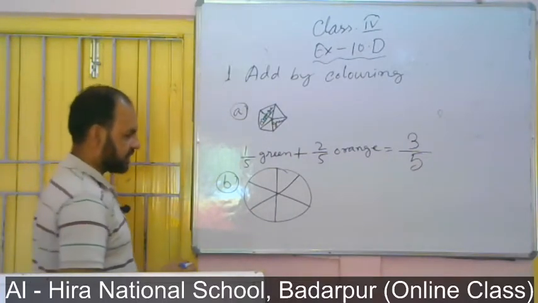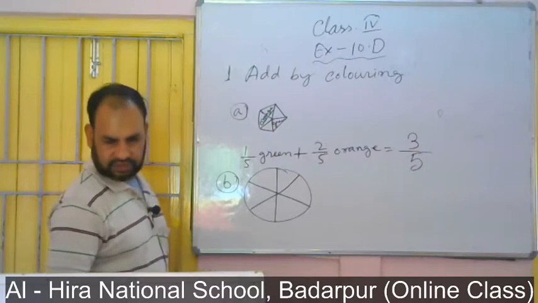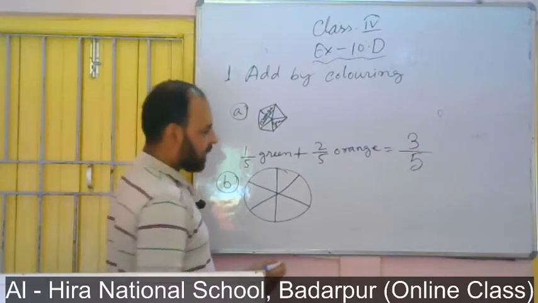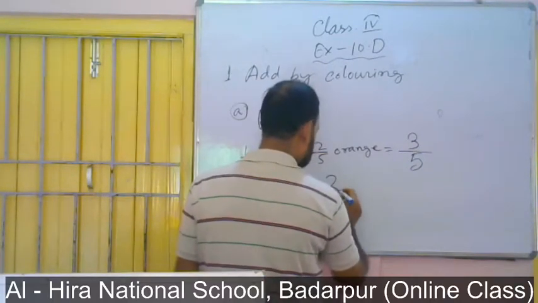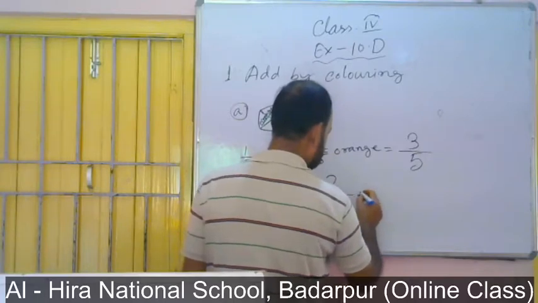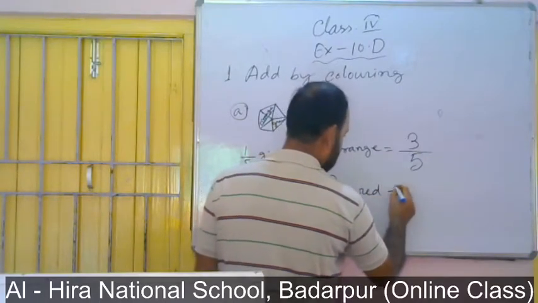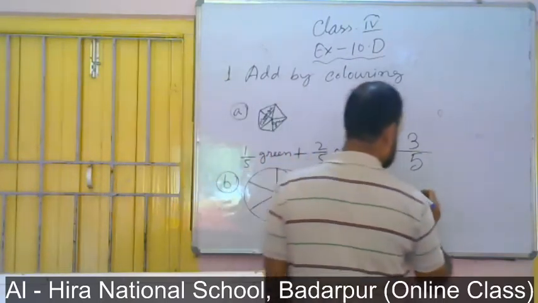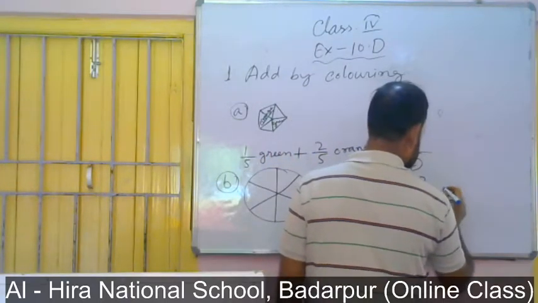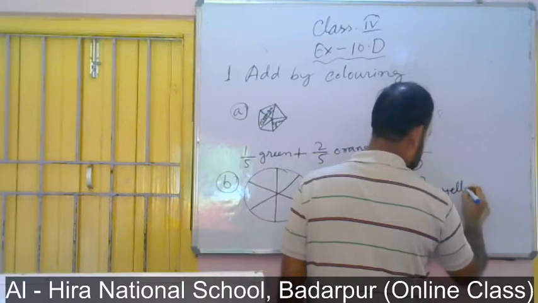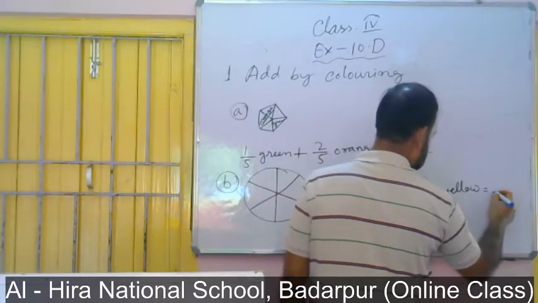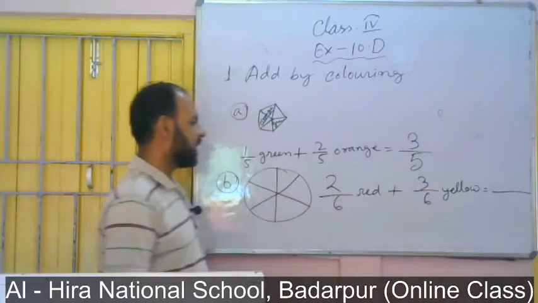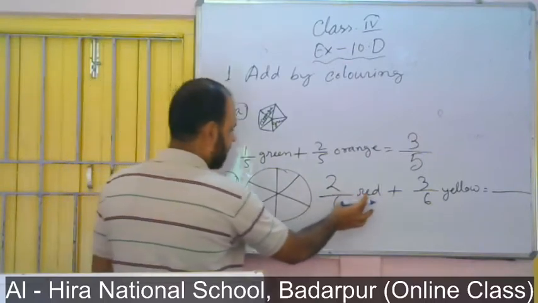The fraction is 2 by 6 red plus 2 by 6 red plus 3 by 6 yellow equals dash.